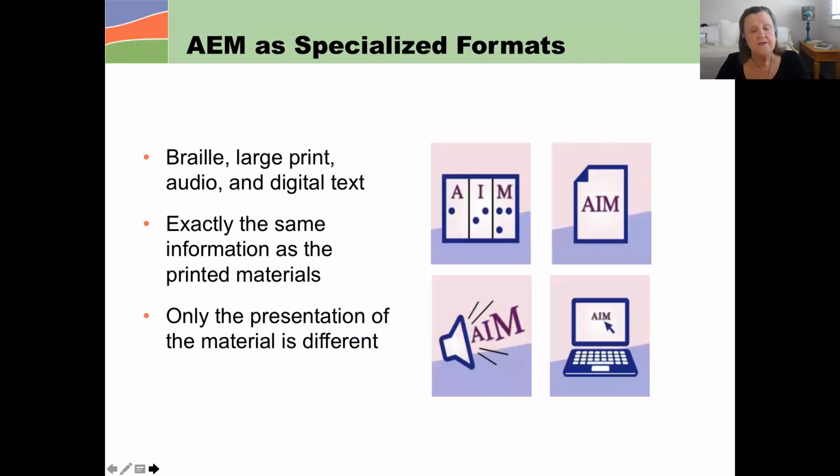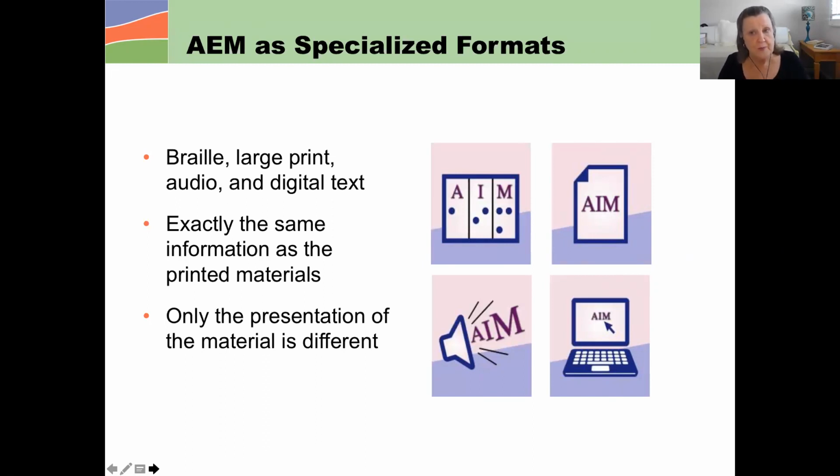So that notion of specialized formats, what are those? There are 4: Braille, large print, audio, and digital text. And exactly the same information is in those specialized formats as the information in the printed materials. The only thing that's different is the presentation of the materials to the user. So obviously, if you're reading Braille, you're reading tactilely.